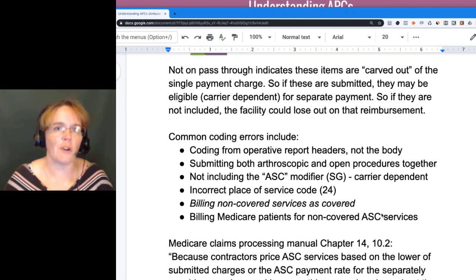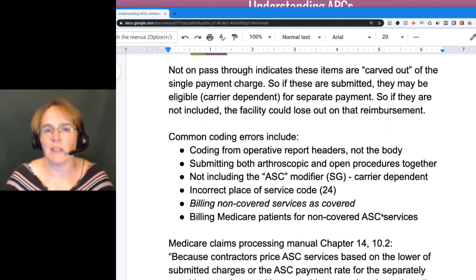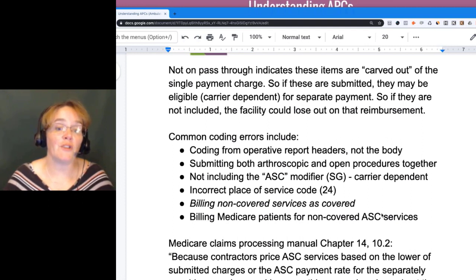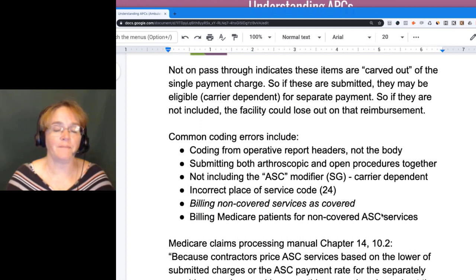That sometimes drug, that's going to be able to be billed. That it's not their standard equipment or supply or procedure. Sometimes you might have another one. So if you don't submit those, then they're not getting paid for those things. So what they say is you're leaving the money on the table. They want that money. So if they're not included, then you could be losing out on that reimbursement.